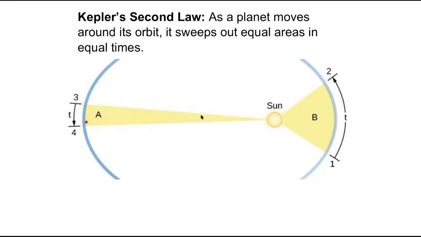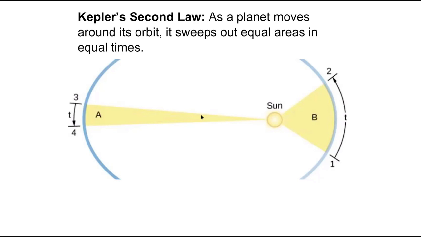And so in a certain amount of distance in this direction, it's going to be sweeping out way more area over here than it is over here, which implies that the planets must be moving much slower when they are on the far side of the sun, when they are furthest away from the sun, at aphelion, and they must be moving fastest in their orbit when they are at perihelion, when they are closest to the sun, because this string is much shorter here, and in the same amount of time, it's going to have to have moved a lot further in order to have swept out the same area as it swept out when it was on the other side of the sun.